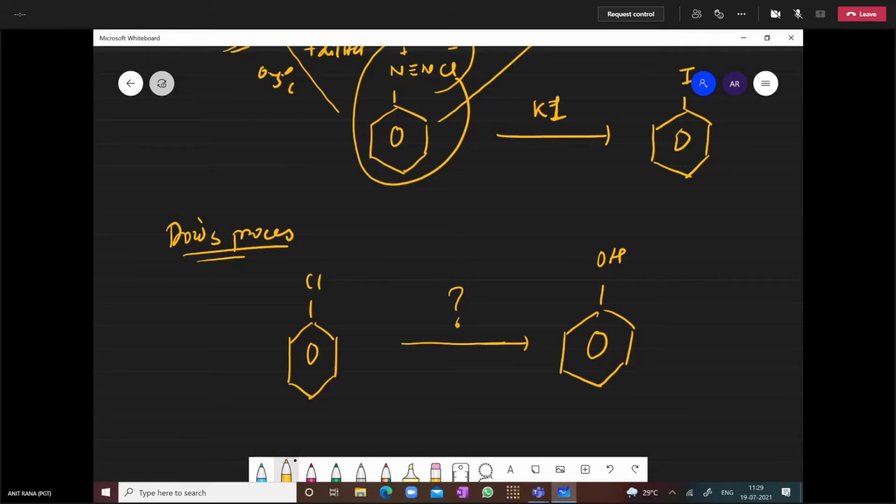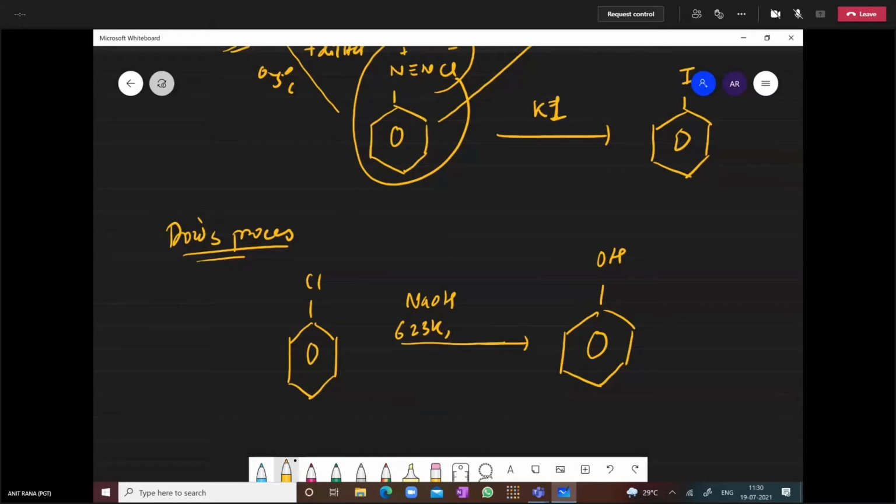You have to heat it with sodium hydroxide. Okay, if you just write sodium hydroxide, that is not accepted, because you need to write more: 623 Kelvin, 300 atmospheric pressure.